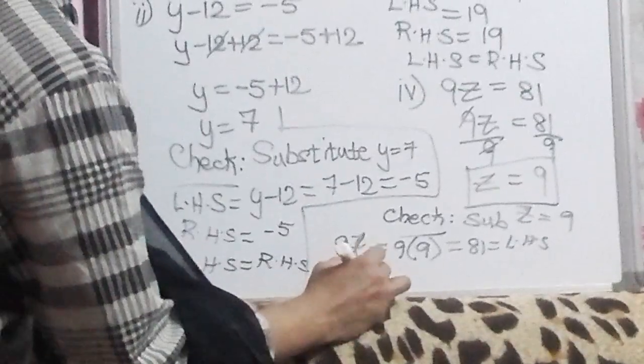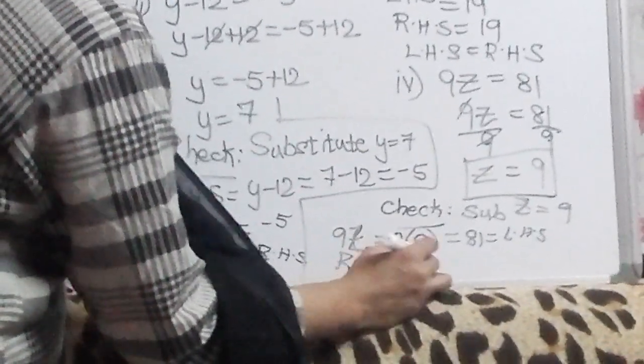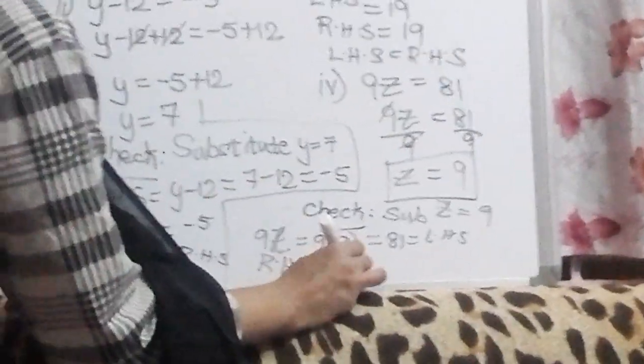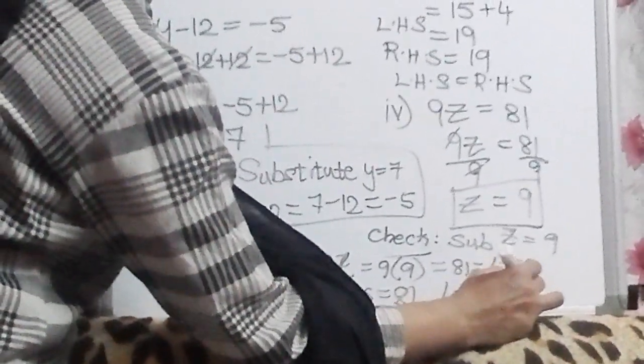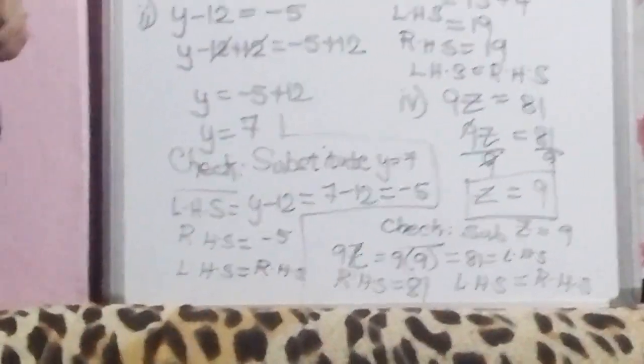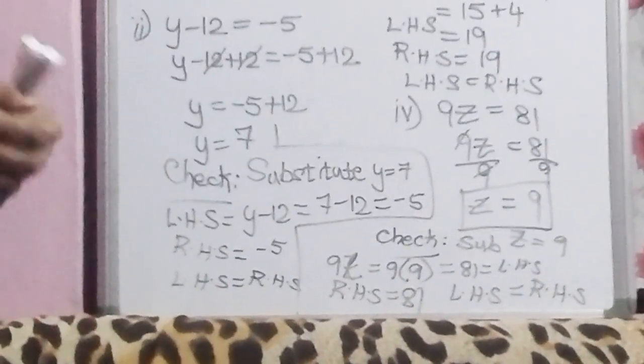What is RHS? In RHS it is already given that it is 81. So here LHS is equal to RHS.